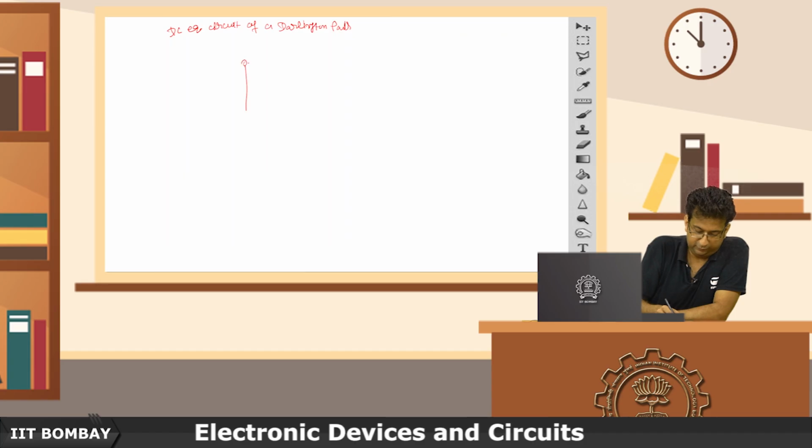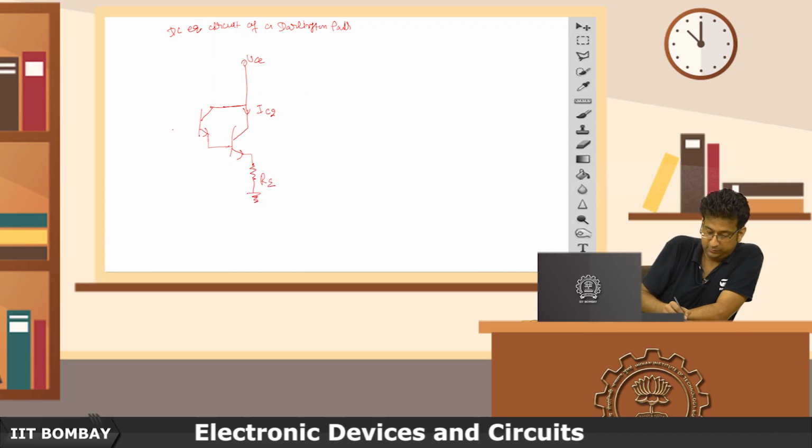So it is VCC, going, this is, let's say, IC2, this is connected to the other transistor. Our emitter current goes to the base, and this is RE, this is grounded, this goes to the RB.